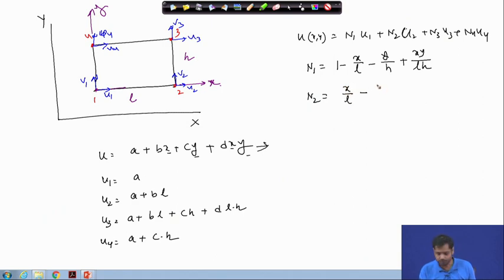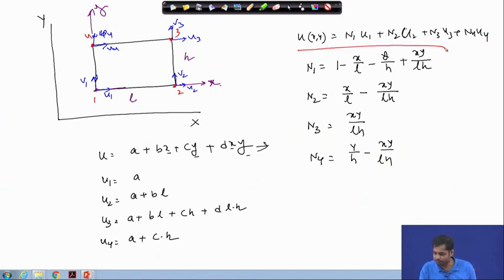Please verify these values. n3 is xy by L h, and finally n4 will be y by h minus xy by L into h. So, these are the values of the shape functions.